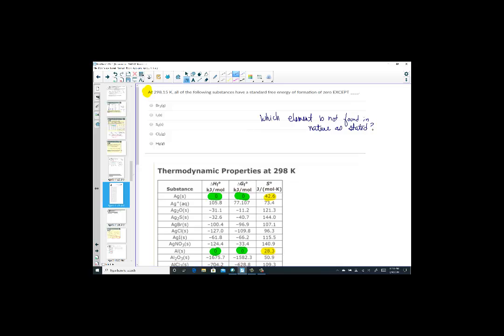Which element is not found in nature as stated in the directions? So choice 1, gaseous bromine. Choice 2, solid iodine, rhombic sulfur, gaseous chlorine, liquid mercury. Which element stands out to you as being incorrect in its natural state?